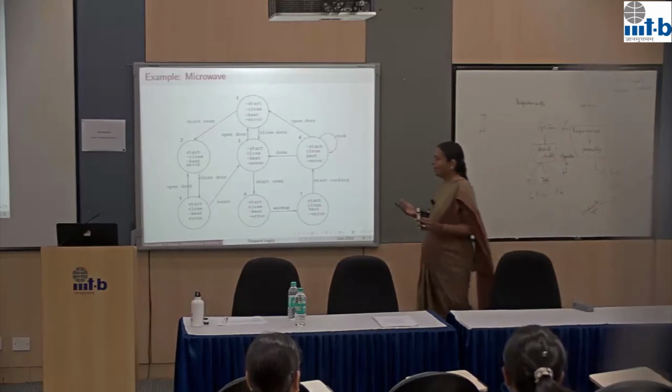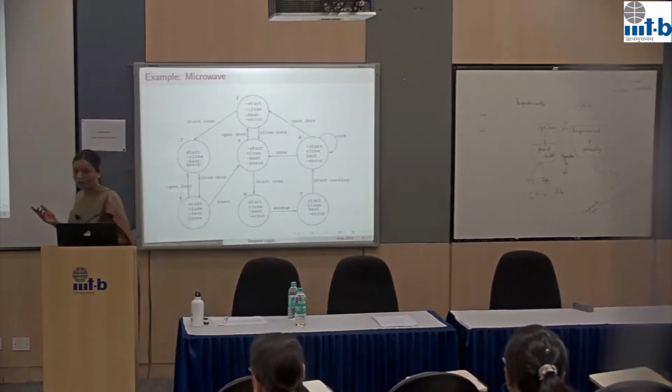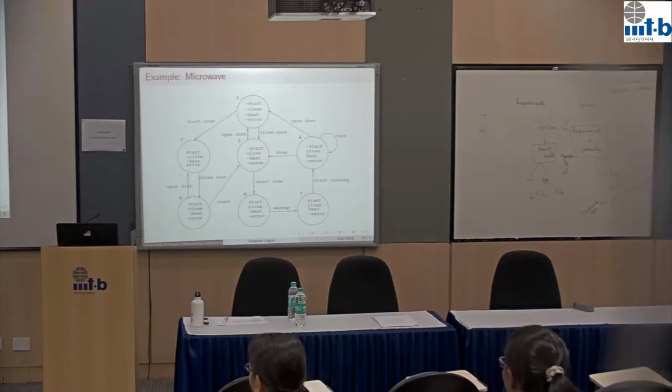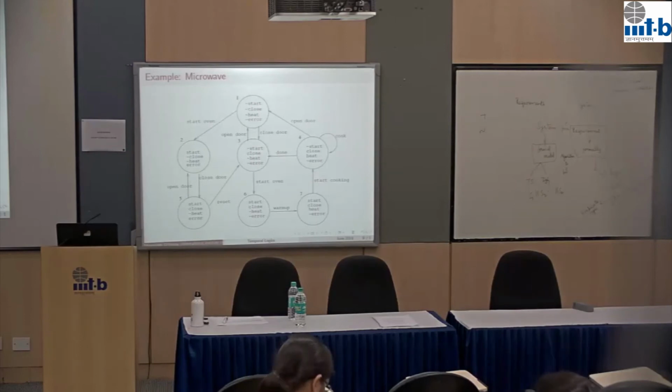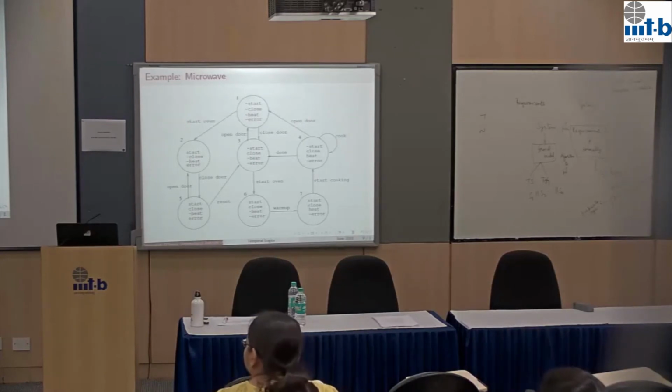And then what would be fair, what would be an unfair computation for a microwave? So I'll come back to the microwave. In the context of an operating system, a fair scheduler is one that lets a process, whenever a process wants access to the critical region, eventually, meaning some point in the future, it will get access to the critical region.